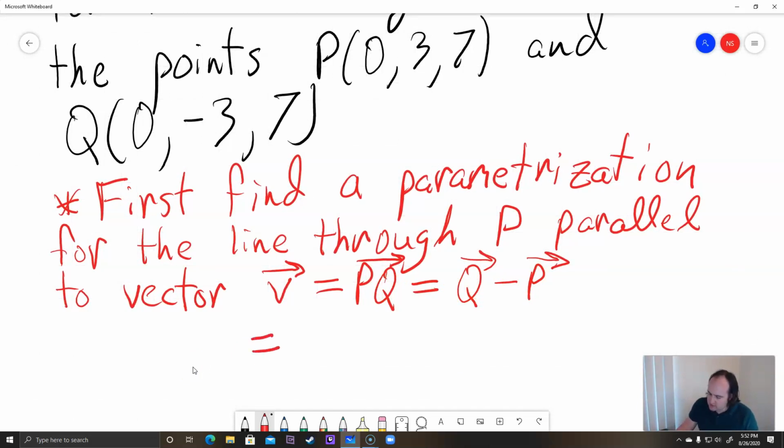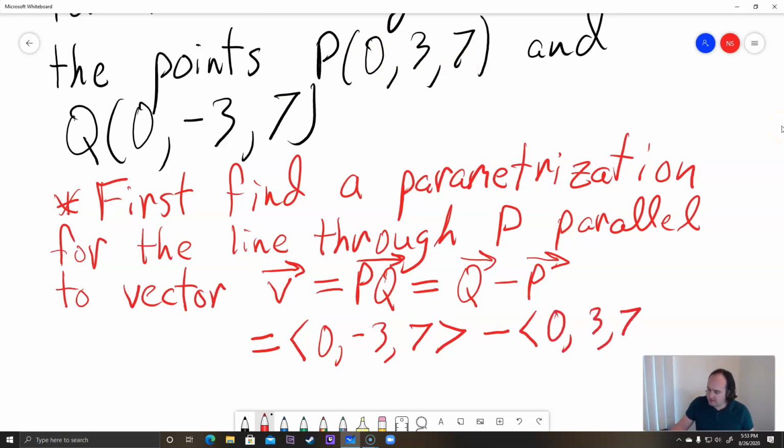So what's that going to look like here? Vector Q is the components 0, negative 3, 7, and then we're subtracting vector P, which is 0, 3, 7.